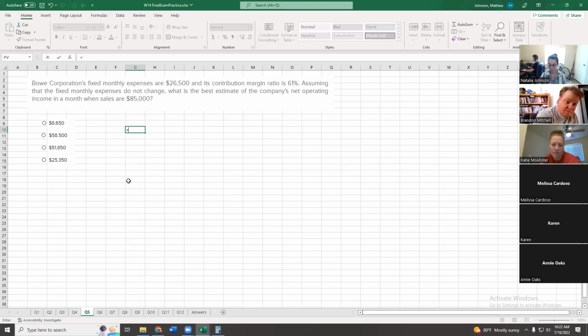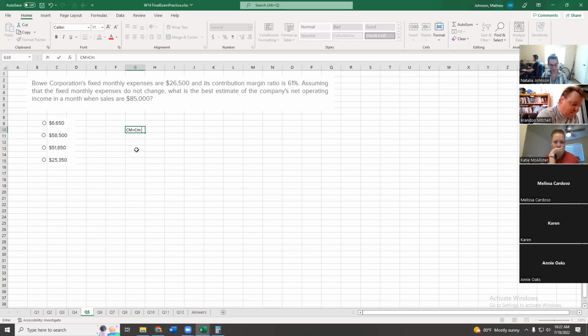And then you can divide that by your fixed monthly expenses to get your net operating income. Sorry, so you say you divide it by the contribution margin ratio, or you multiply it? I multiplied. Sorry, I said divided, but I multiplied it, and then you subtract your fixed expenses.